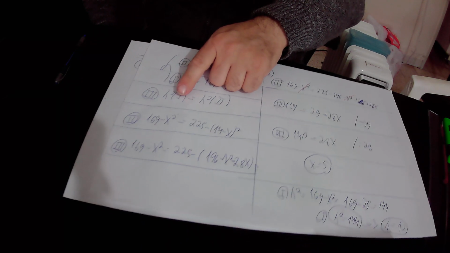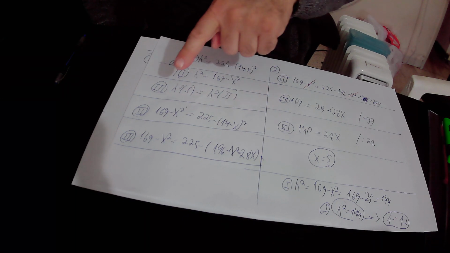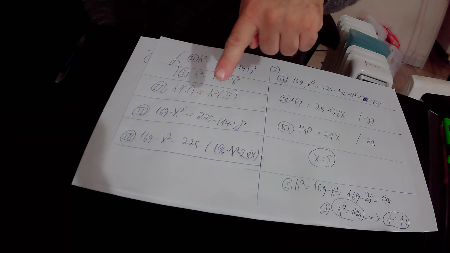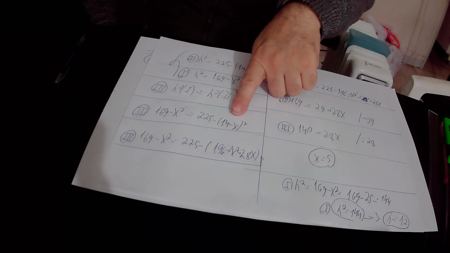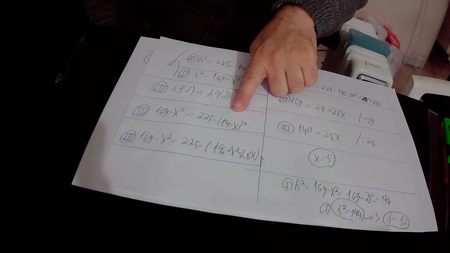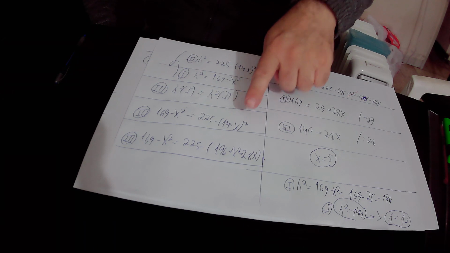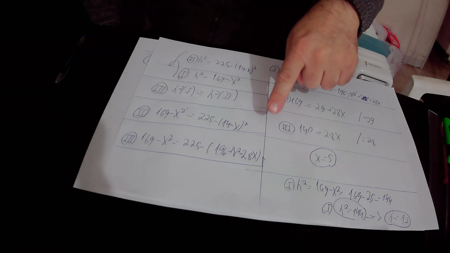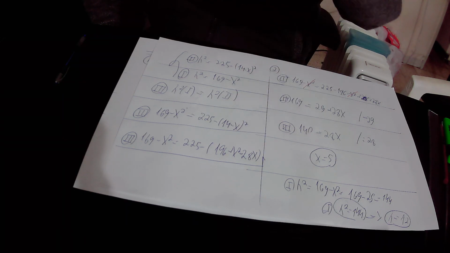So according to equation number 3, we found that 169 minus X squared equals 225 minus (14 minus X) squared, where (14 minus X) squared equals 14 squared, that is 196, plus X squared minus 2 times 14x, that is minus 28x.